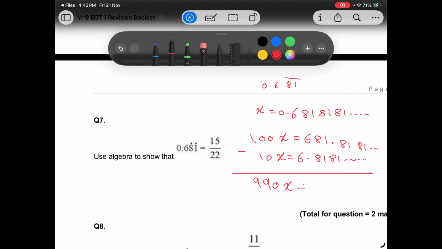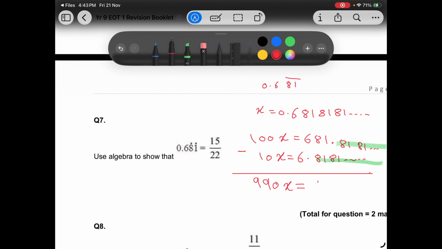It will be 990x. And now is the beautiful part where I will eliminate all recurring parts. So here I will cancel out this with all this, because 81 81 81 81 and the one below is the same, so they will cancel out. So it will be 681 minus 6, which is 675.